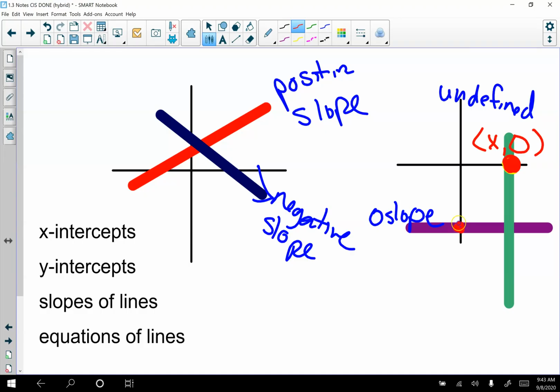And the y-intercept, your x is going to be 0, and you're going to have wherever that y is. So notice on these intercepts how if I'm finding the x-intercept, I'm finding the x. The y is always 0. If I'm finding the y-intercept, I'm finding the y, and the x is always 0.